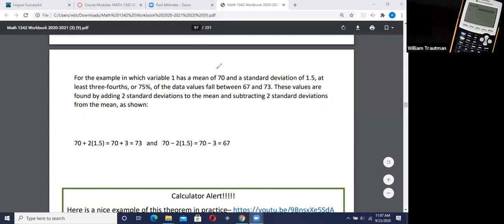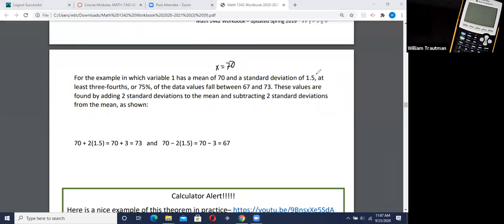Once again, our mean is 70. Standard deviation is 1.5. The left side is the average minus 2 times the standard deviation, and I'm using K because we're doing Chebyshev's. And then we have the average plus 2 times the standard deviation.